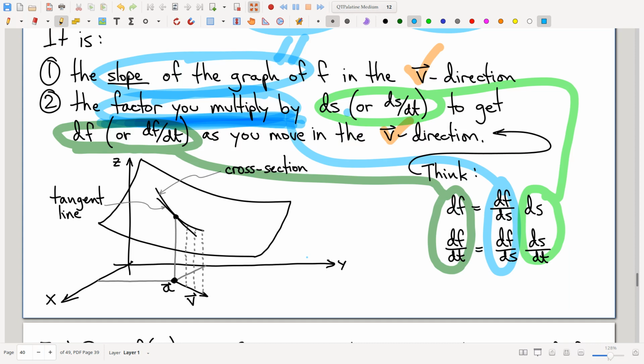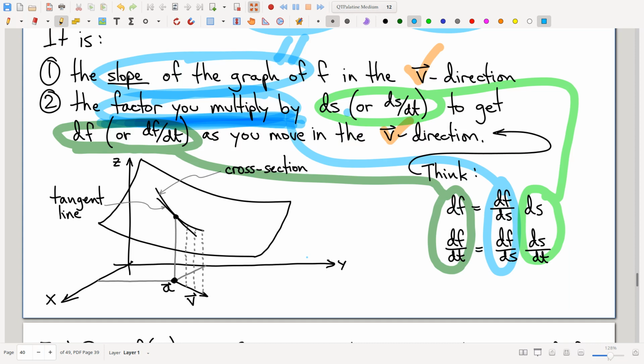That would be df/dt, derivative with respect to time. And df/dt depends on how fast you're hiking. I could run up the hill, and df/dt would be large. Or I could slowly make my way up the hill, and df/dt would be small. Everybody see what I mean by that?